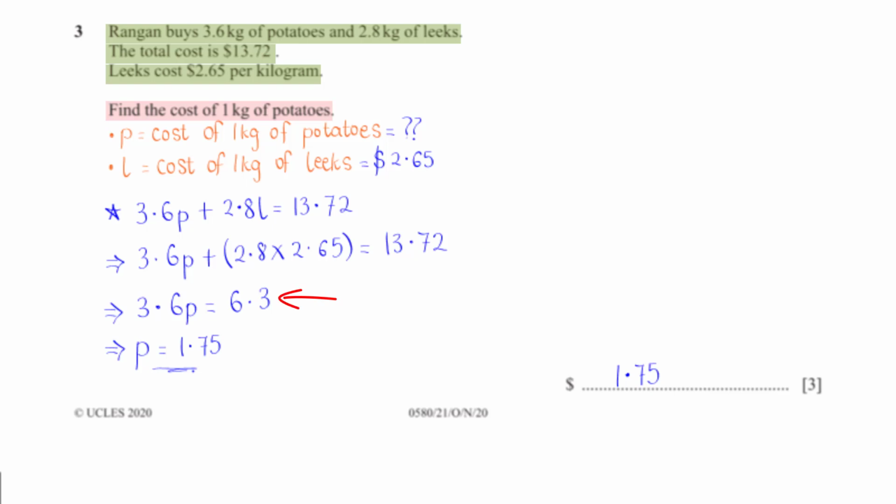When we make p the subject, we have 6.3 divided by 3.6, and this gives us 1.75.